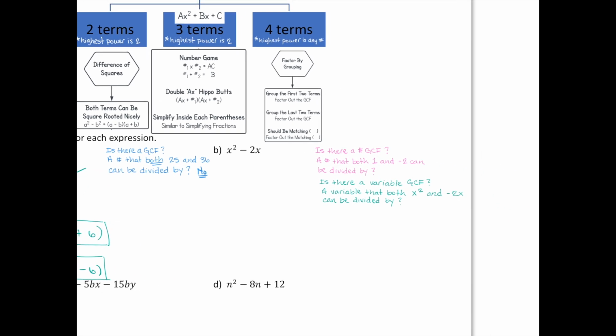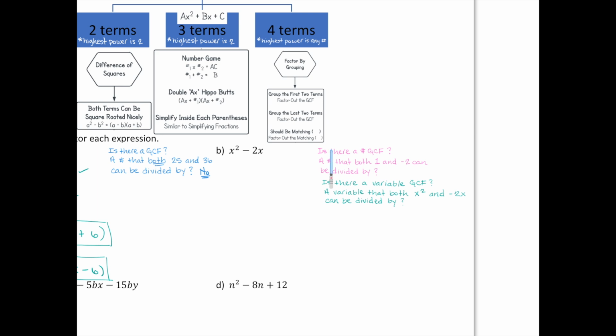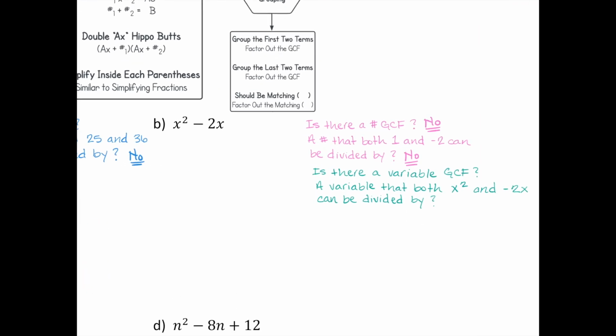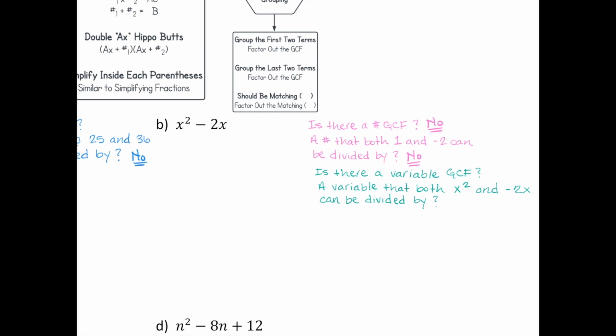Our next example, is there a number GCF? So a number that both the 1 and the negative 2 can be divided by? No, there is not. But remember, there can also be a variable GCF. A variable GCF is when we look at the letters.